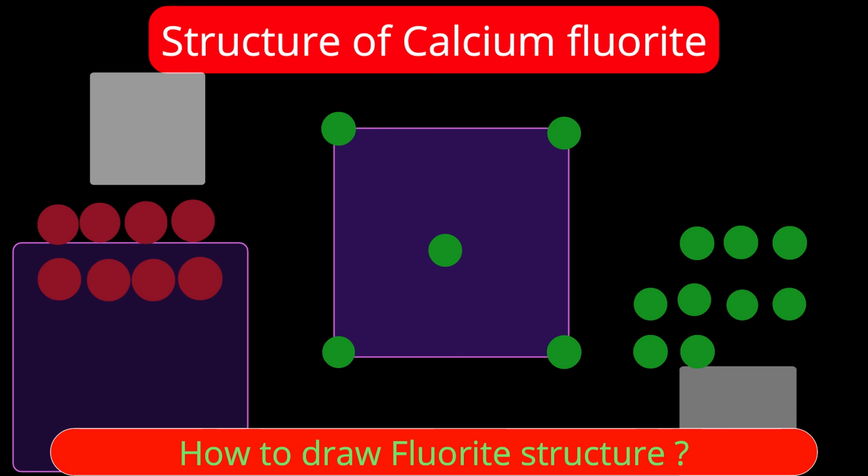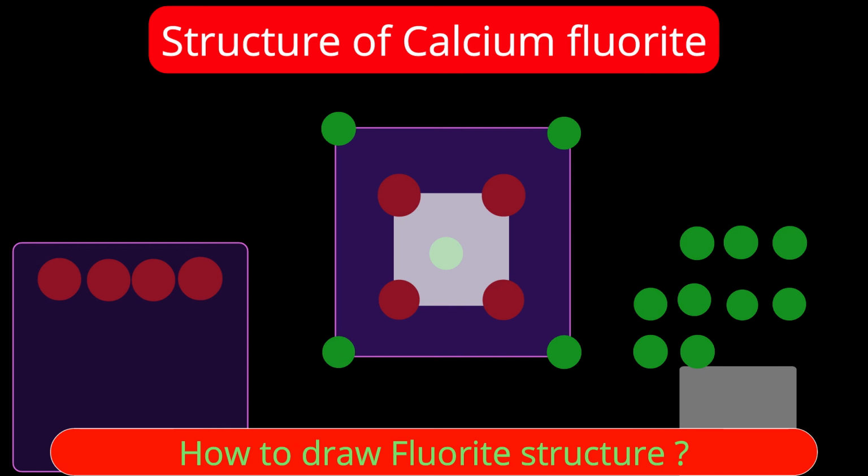Are you following? Now draw the second layer, a white layer of the backside face of the inner cube, and at the corners of that inner cube face arrange red colored large fluoride ions.